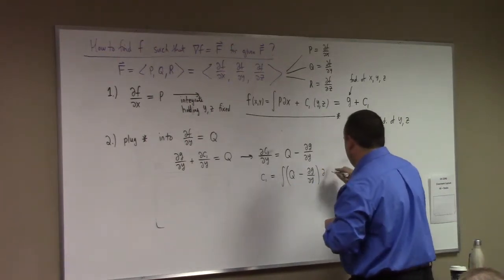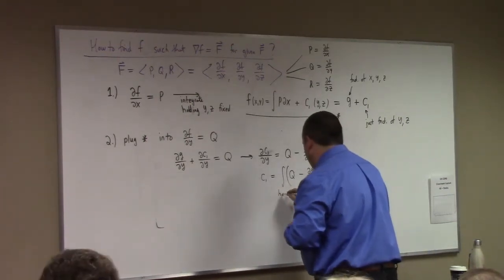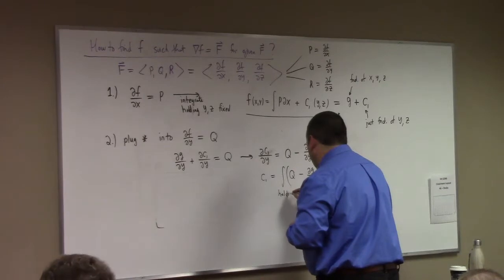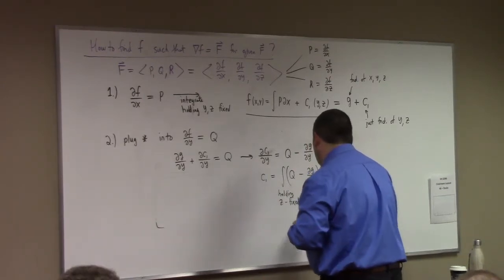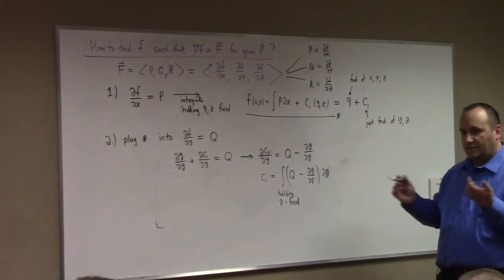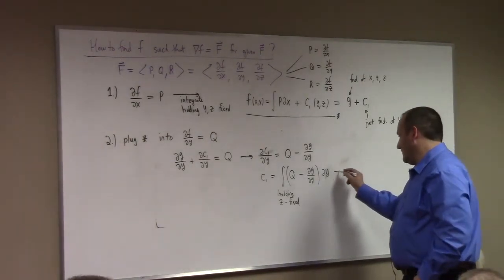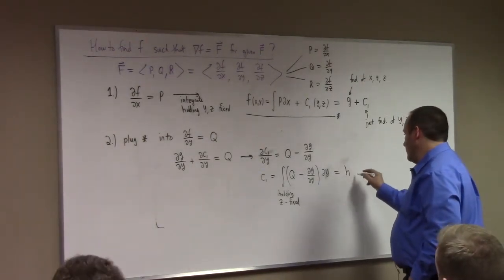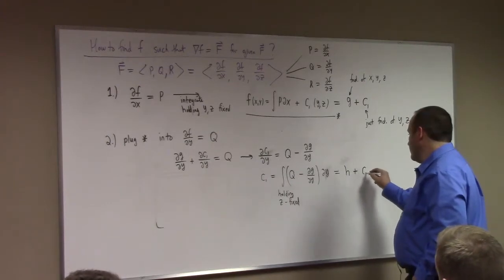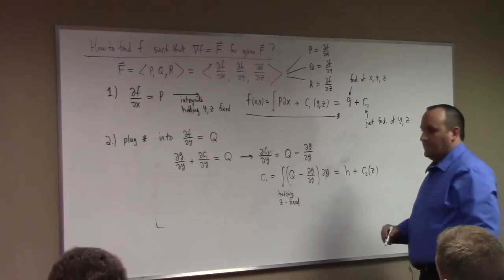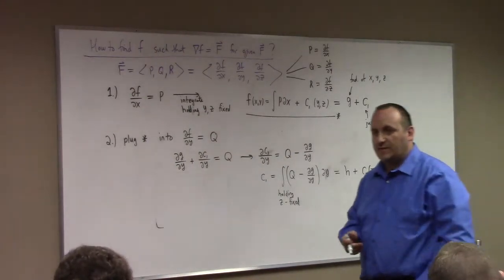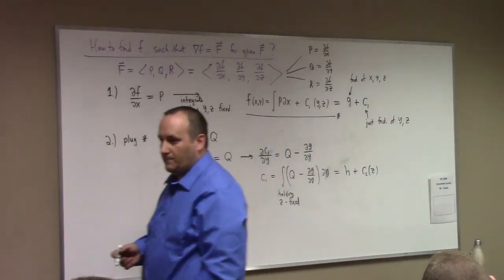Right? Whatever this works out to, it gives you some function, let's call it h plus c2, which is just a function of z at most. So the constant in that integration could be a function of z. All right?